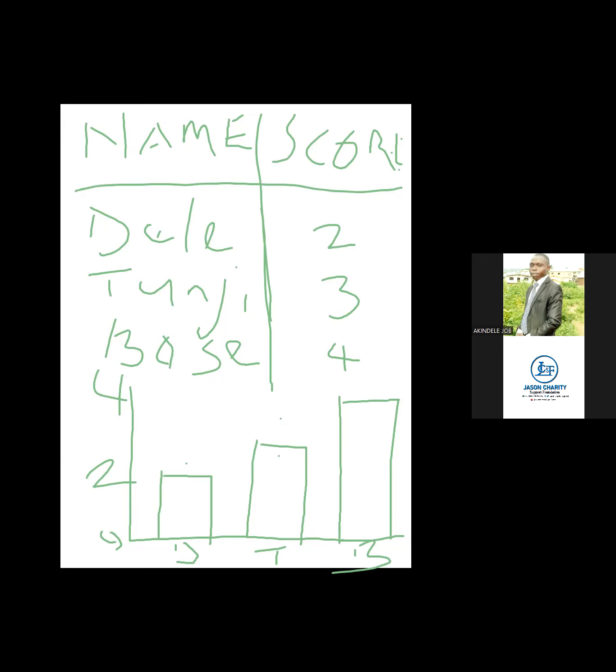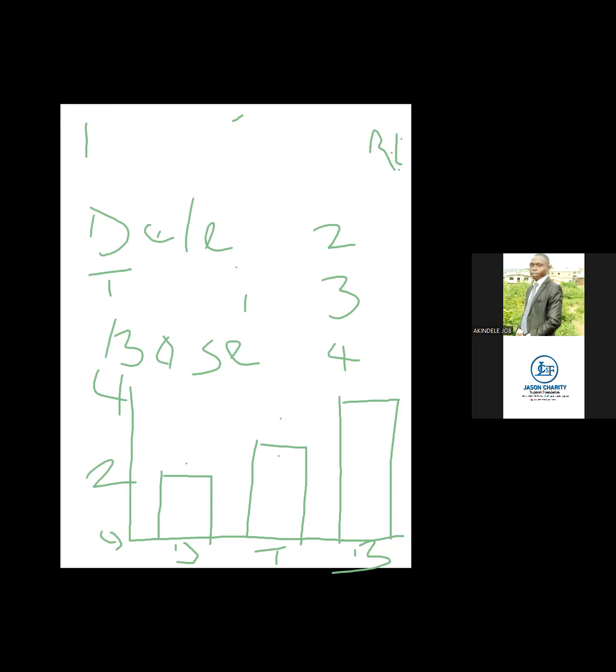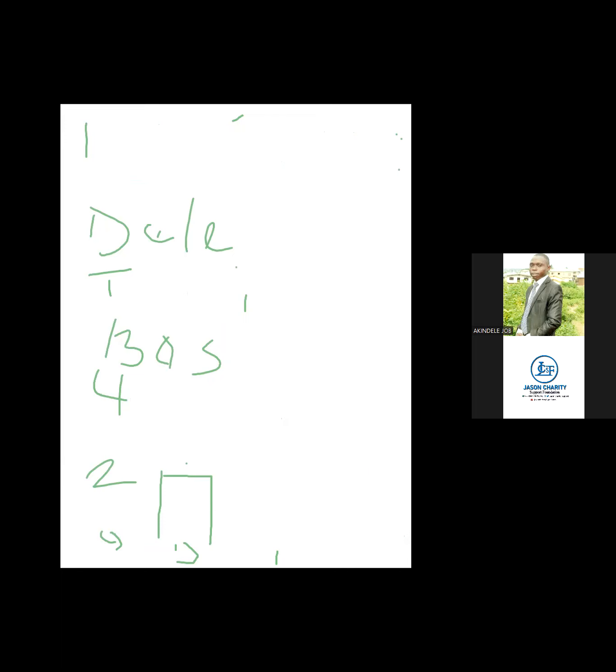Those are the things you must take note of when you are trying to draw a simple bar chart. So I believe this is very clear. So that's simple bar chart. Let me clean this and let's go on now.